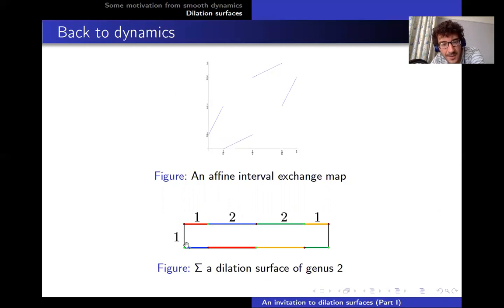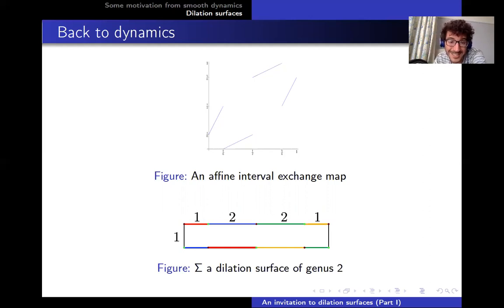So what you can try and convince yourself of is that if you take the vertical foliation on this dilation surface, where the identifications are the ones suggested by the colors, and if you take the first return map on the segment going from the black side on the left to the black side on the right, then you will find this map.